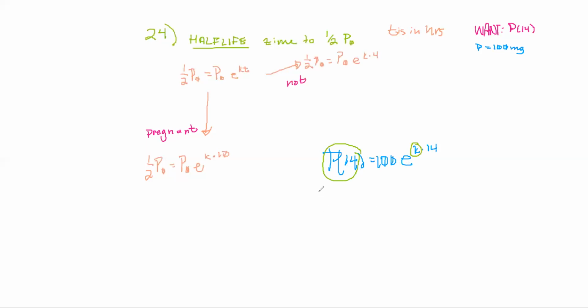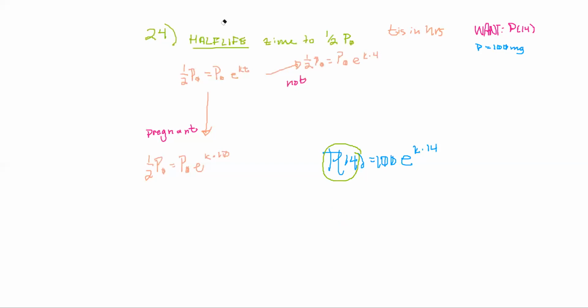If we were to try to solve this problem, we would end up with the natural log of whatever this quantity is, and then it would just get messier and messier from there. We cannot solve the problem from where we're at right now with two unknown quantities. We need to make that one unknown quantity, and the one unknown quantity we need is the p of 14.